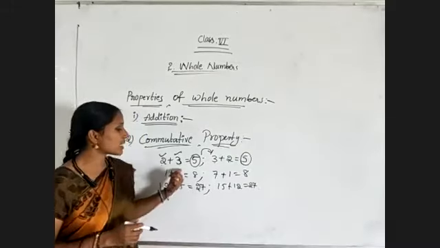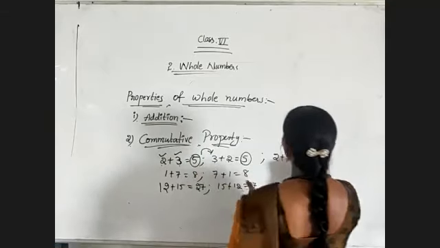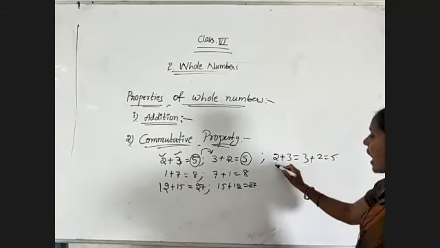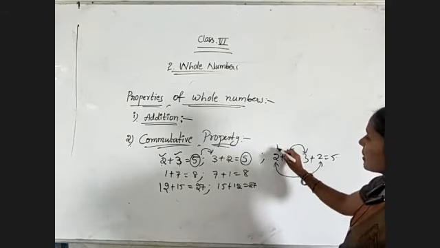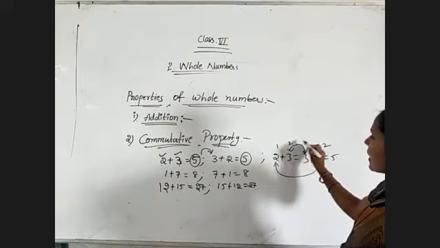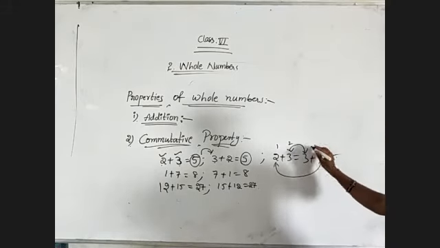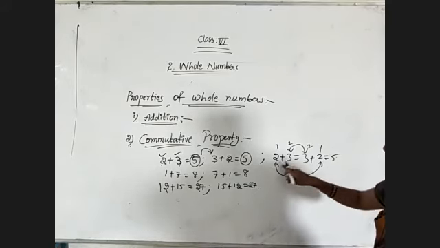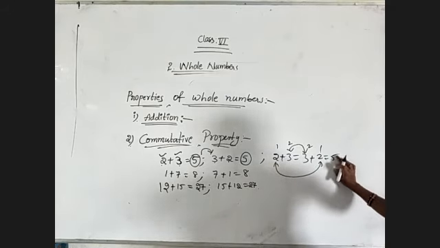Means 2 plus 3 is equal to 3 plus 2 is equal to 5. I am changing the order of these two numbers and adding them. Then also I am not getting other answers. I am getting the same answer.